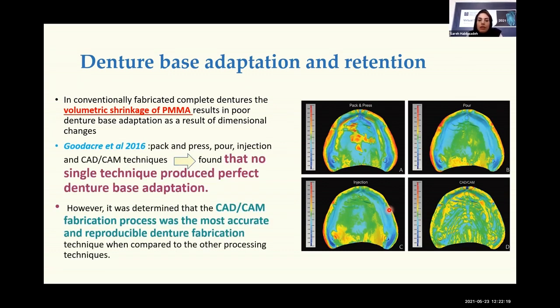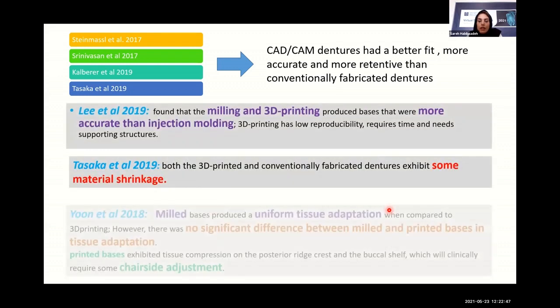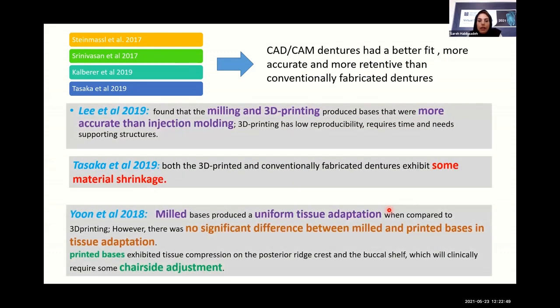A recent study by Goodacre suggested that between different processing, CAD-CAM, press, pour, injection, and CAD-CAM techniques, not one of them provides the perfect tissue-based adaptation, but CAD-CAM dentures have a more accurate and more reproducible denture made. So again, we see the literature, we see that CAD-CAM dentures have a better fit, they're more accurate and more retentive.